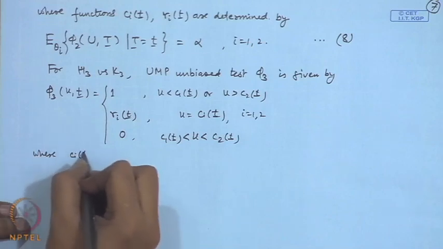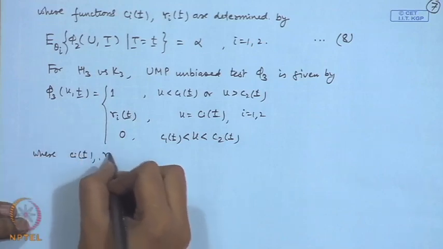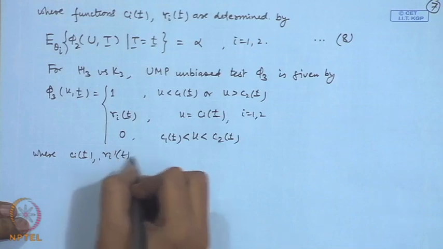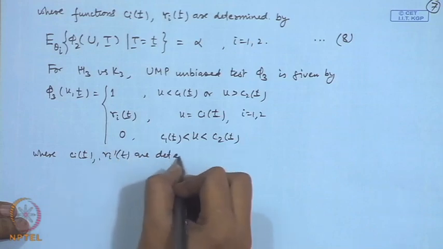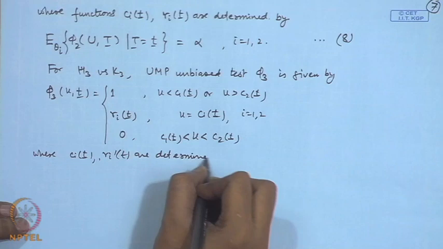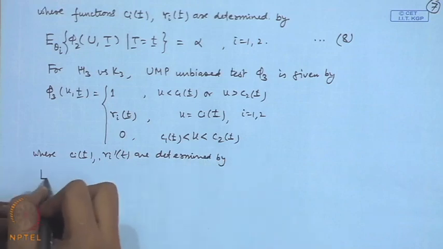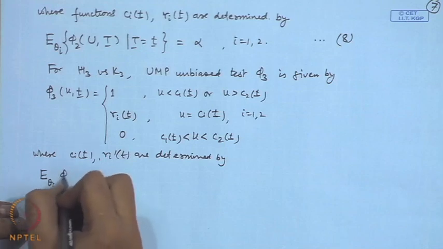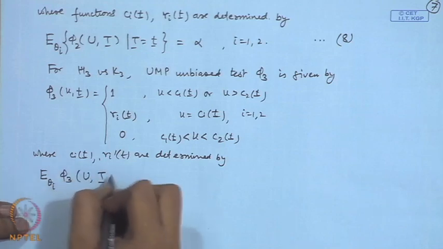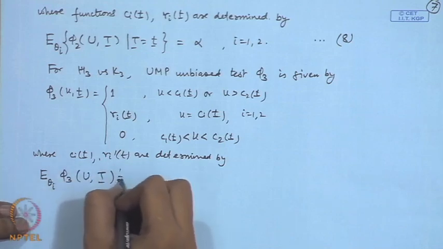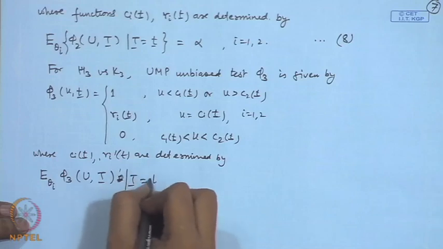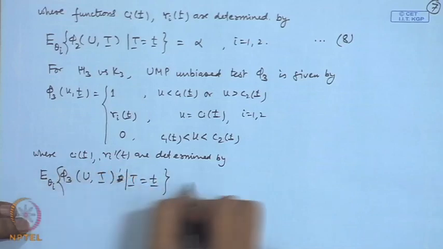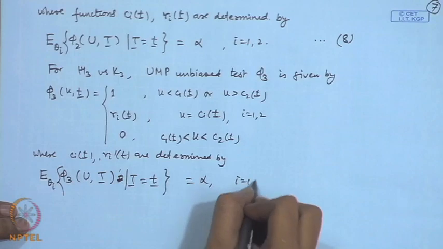where once again these things are determined by expectation of theta i phi 3 u t given t is equal to t, this is equal to alpha for i is equal to 1, 2.